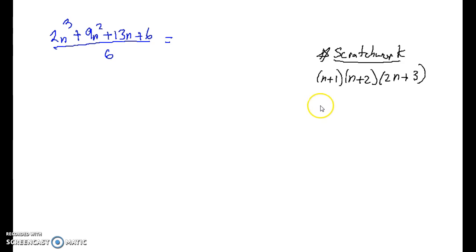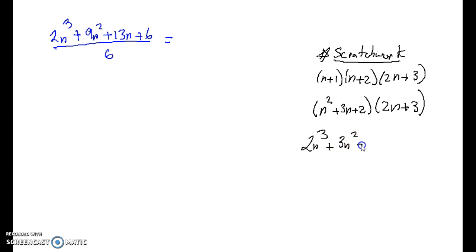So let's go ahead and multiply this together. So this will become n squared plus 3n plus 2, and multiply that by 2n plus 3. Again, 1n plus 2n gives us our 3n squared. And then let's manipulate this. So this will become 2n cubed plus 3n squared, and then plus 6n squared plus 9n, and then last one, plus 4n plus 6.